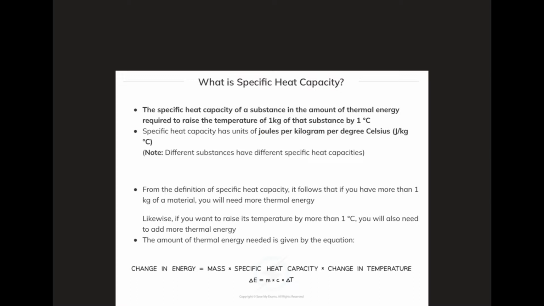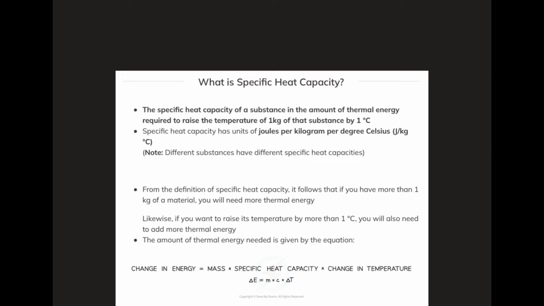So this overcomes the weakness of thermal capacity that I mentioned just now, where I said the 1 kg copper and the 2 kg copper have different thermal capacity. 2 kg copper will have a higher thermal capacity, 1 kg copper will have a lower thermal capacity. So the mass is affecting here. So specific heat capacity, they're set already. Must be 1 kg.